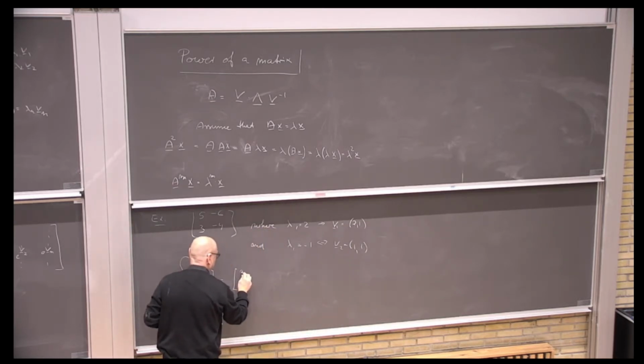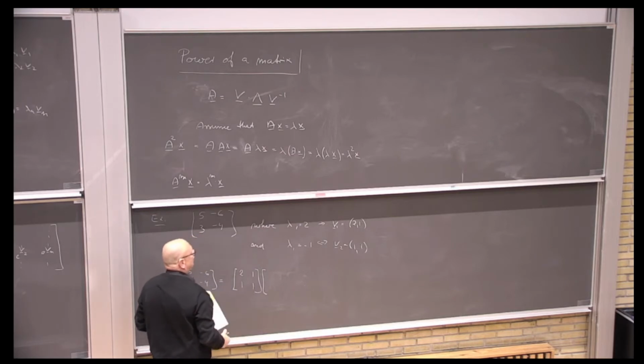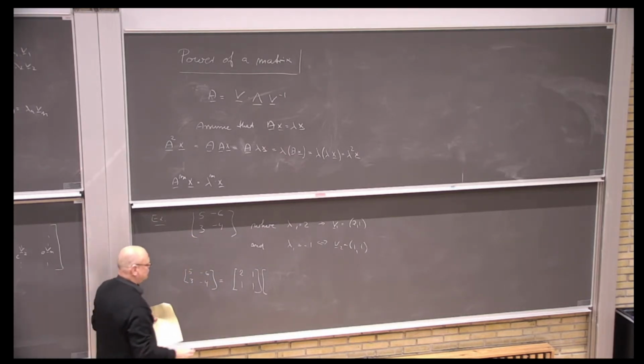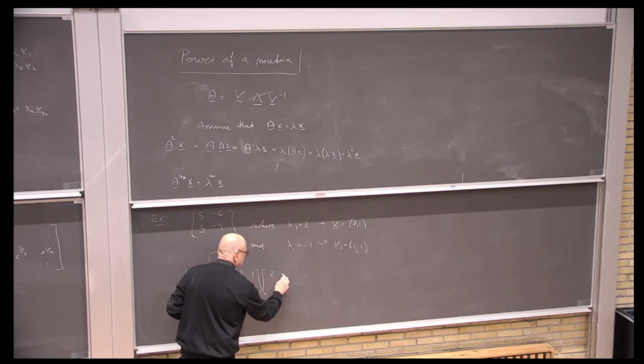So that will be 2, 1, and 1, 1. And then I'll get my diagonal matrix with the eigenvalues, and that will be 2, 0, 0, minus 1.